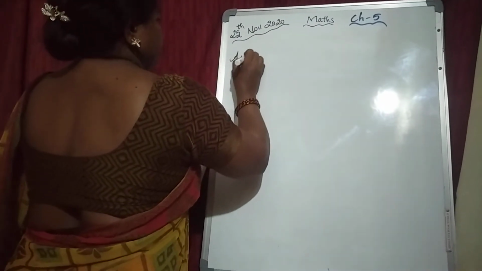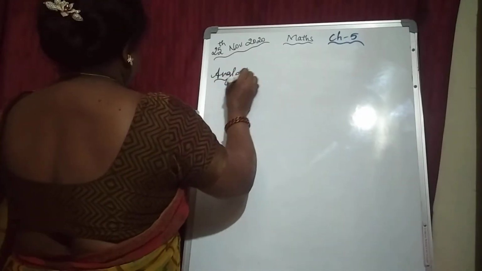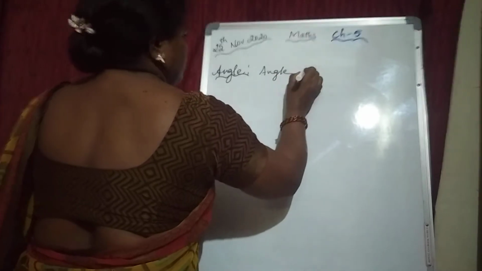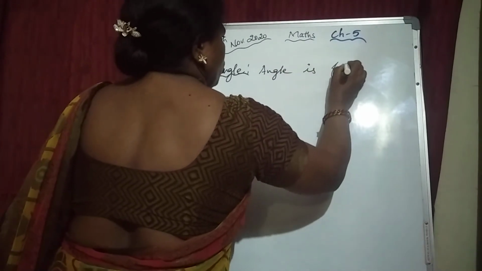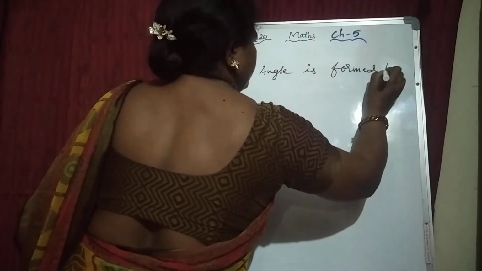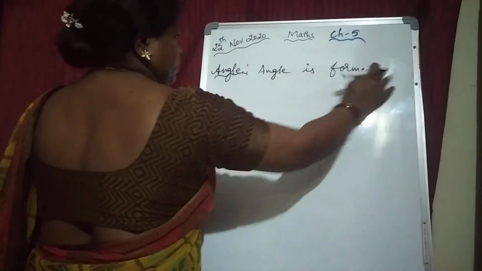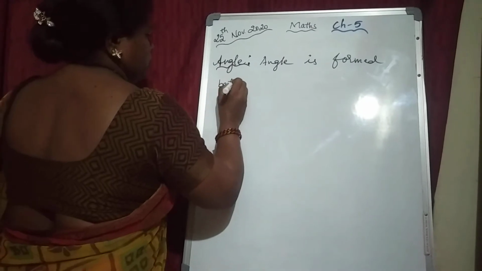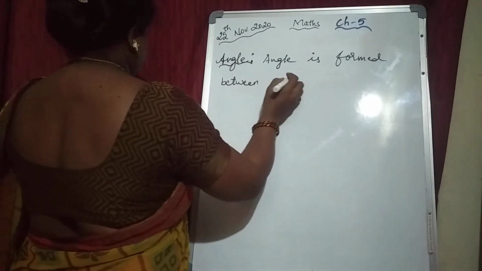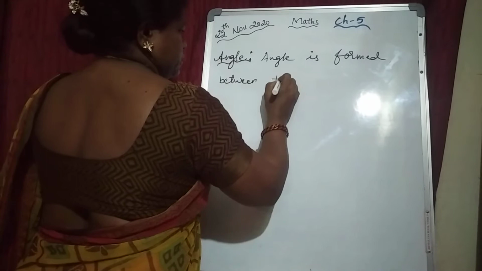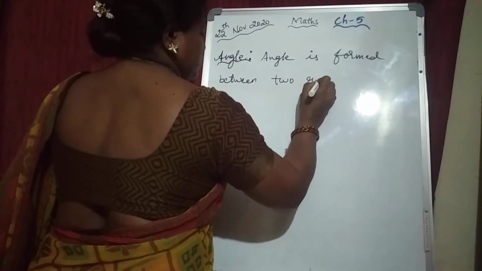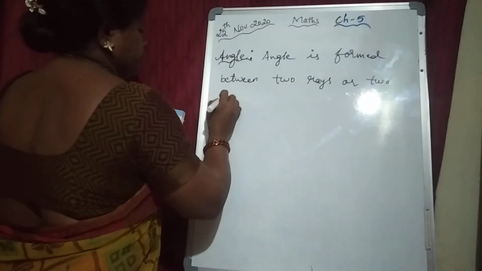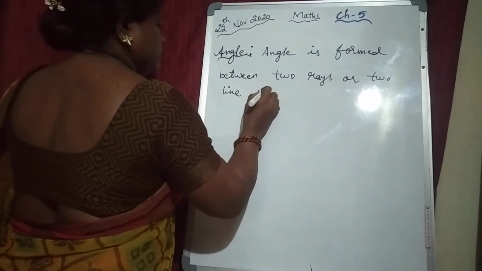Angle is formed between two rays or two line segments.